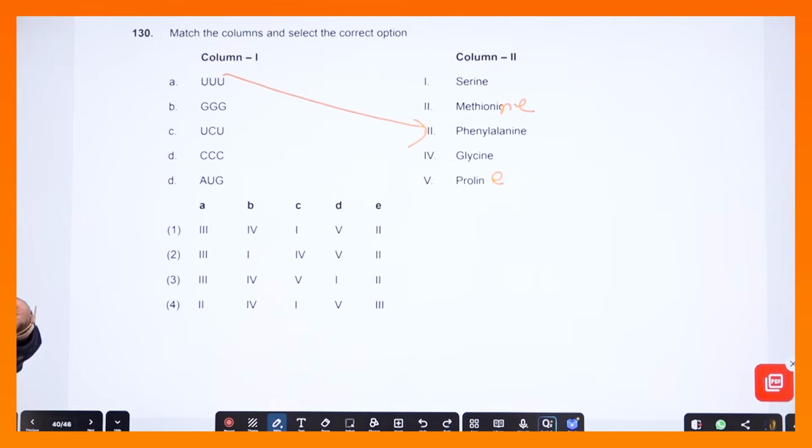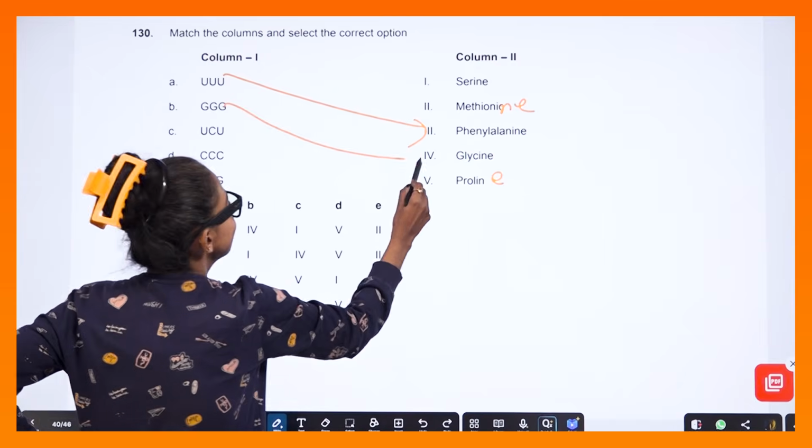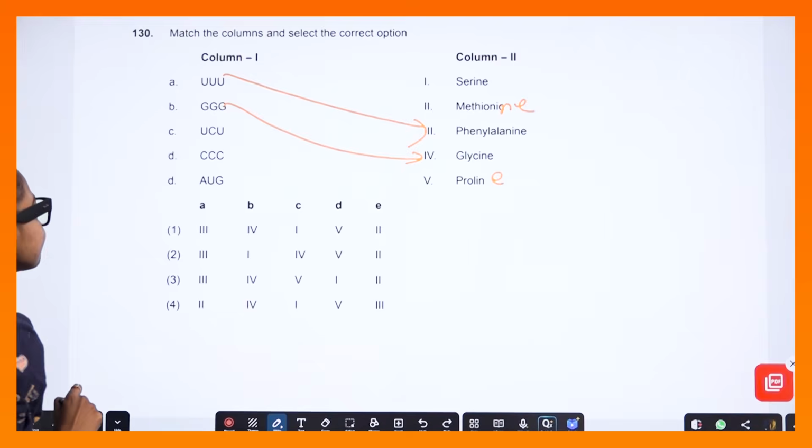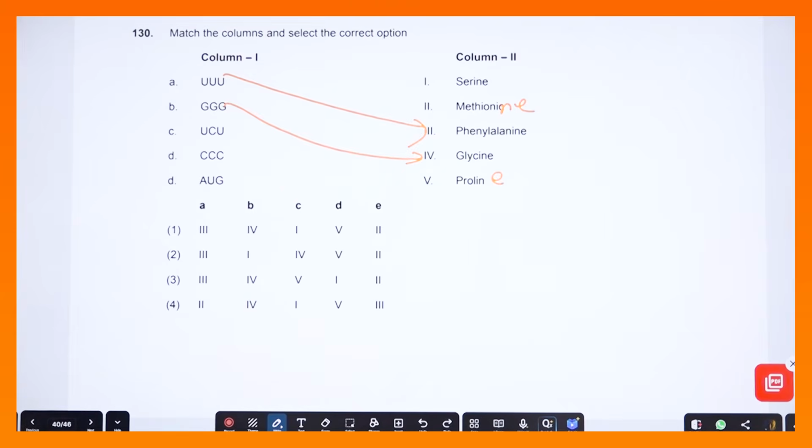So phenylalanine is 3. GGG, that's going to be your glycine. So that becomes 4. So glycine. A3, B4.